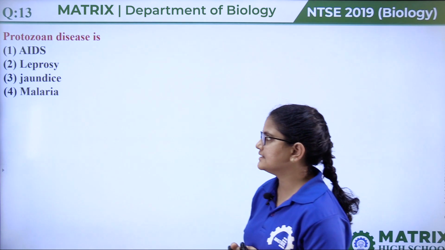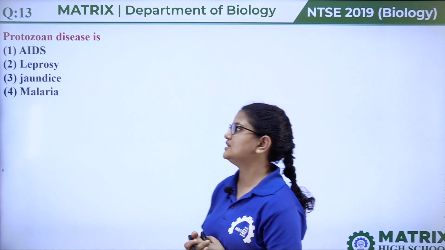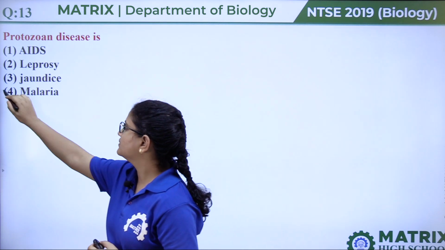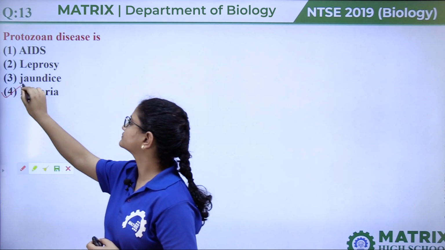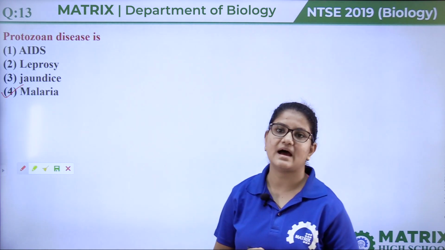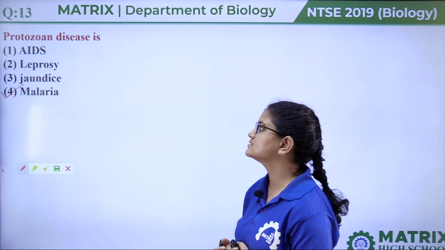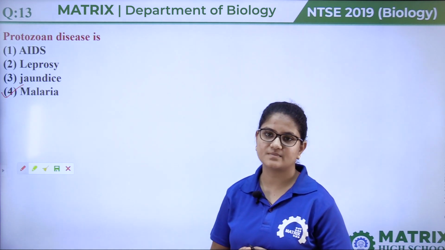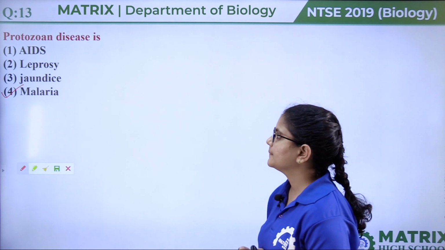Protozoan disease is AIDS, leprosy, jaundice, malaria. Its answer is fourth, malaria. AIDS is a viral disease caused by HIV virus. Leprosy is a bacterial disease caused by Mycobacterium leprae.